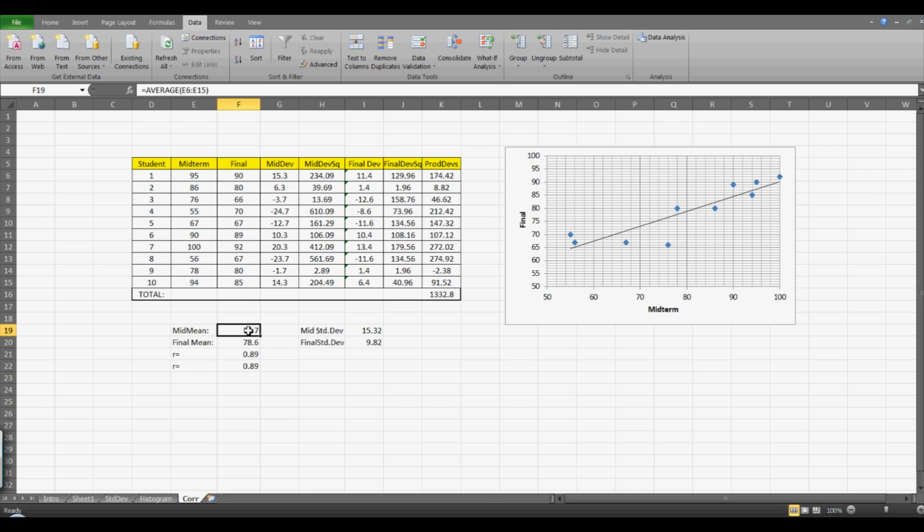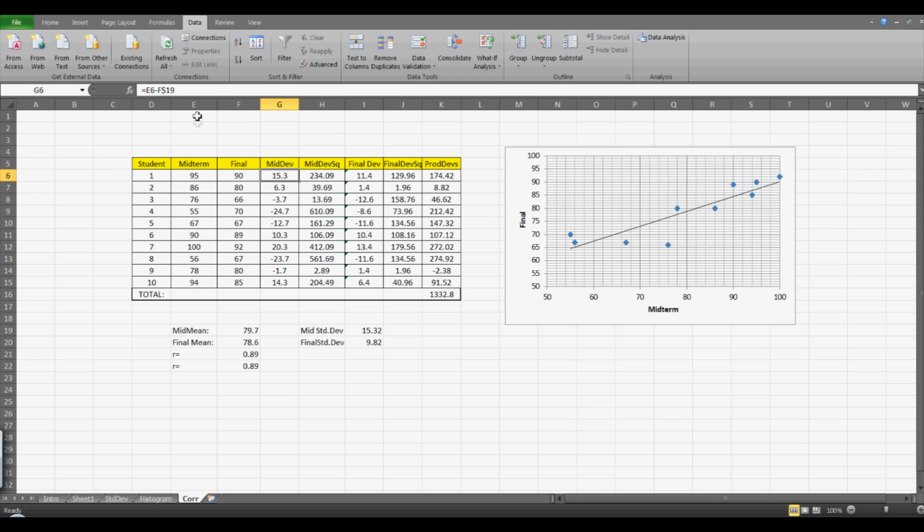If you look down here, you will see the mean for the midterm and the standard deviation for the midterm. So the deviation for the midterm would be 95 minus the mean, which is 79.7, and that gives you a deviation of 15. Then you square that. You do the same for each of these numbers.